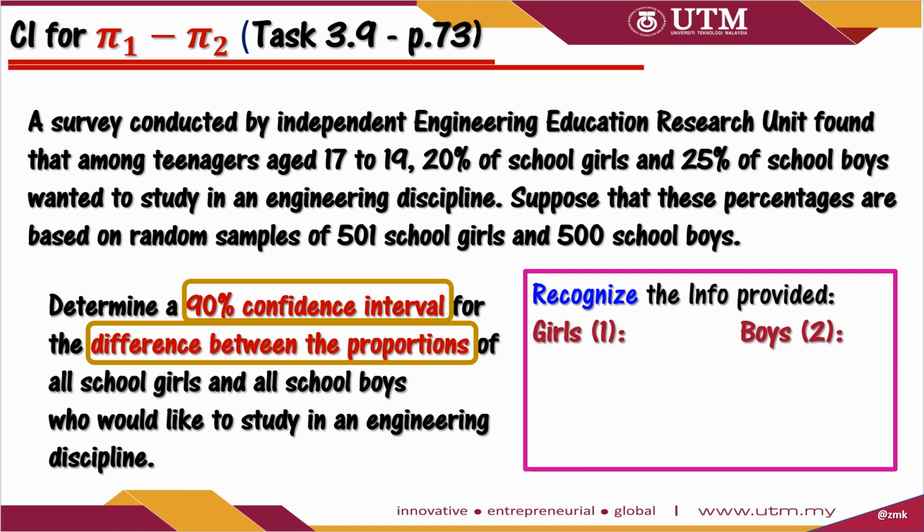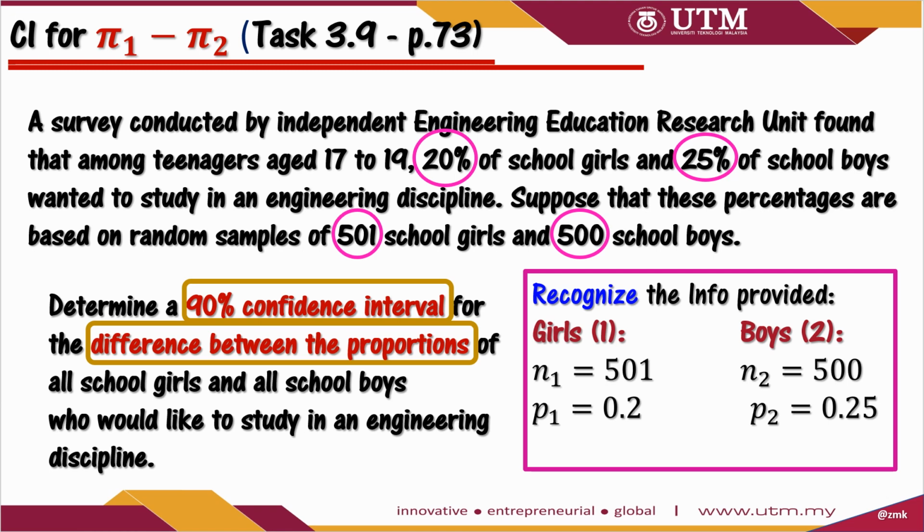If you use 1 to represent girls and 2 to represent boys, then you have 501 and 500 to be the sample sizes N1 and N2 respectively, whereas 20% or 0.2 and 25% or 0.25 are the sample proportions P1 and P2 respectively.